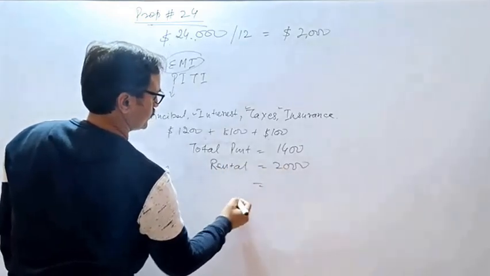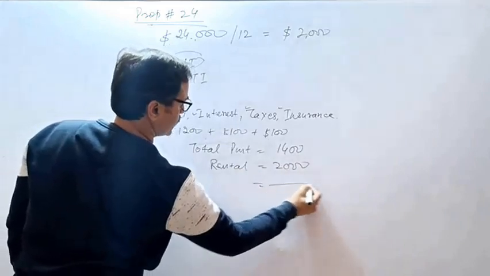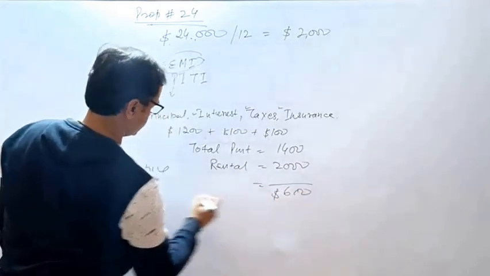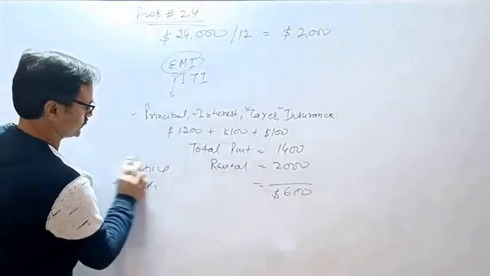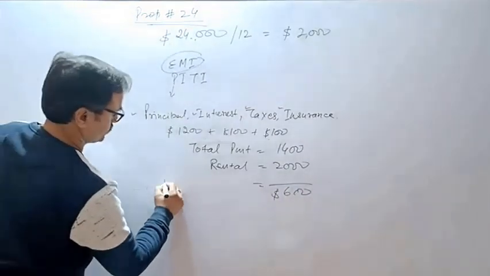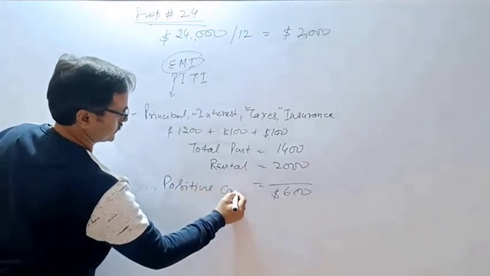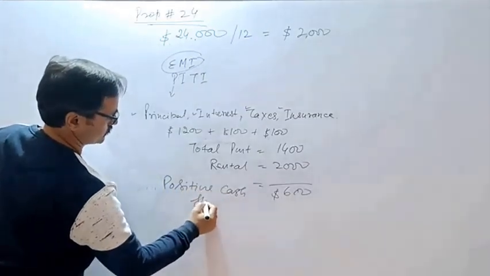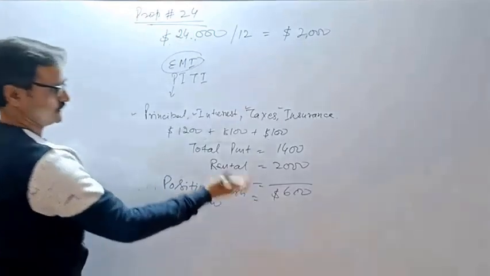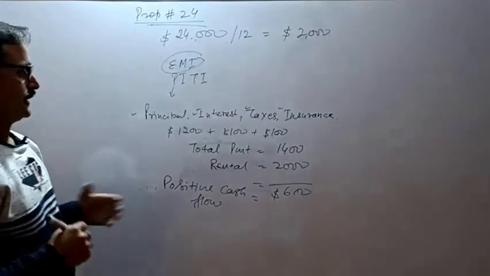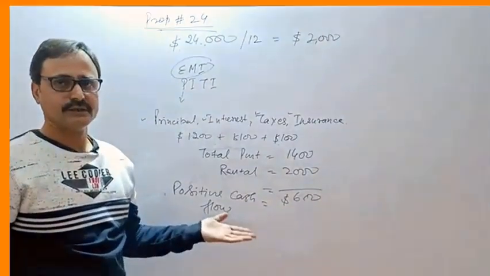What remains behind is almost $600 per month. So this $600 is my positive cash flow, or positive income, from the property. I will have a benefit of $600 per month.